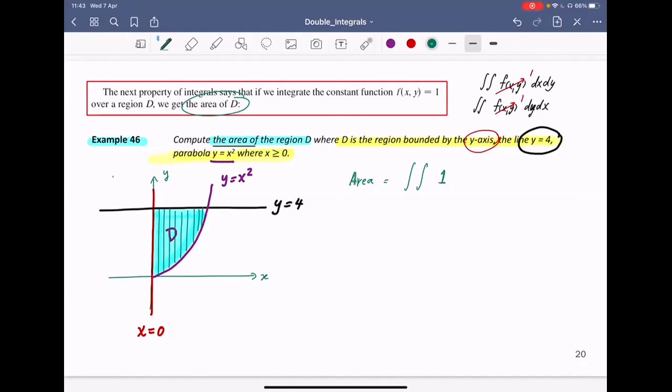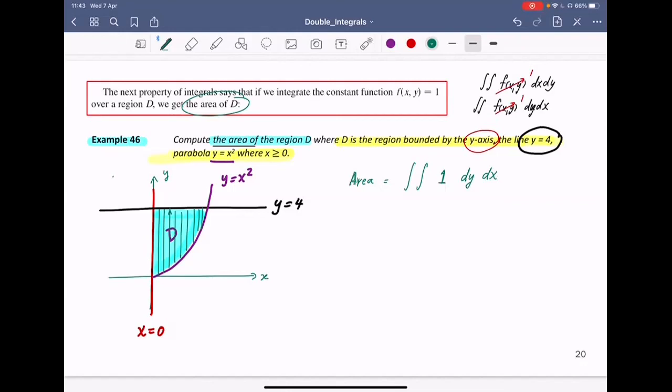It's easy enough both ways. So let's say I pick the vertical line, so what do I get? dy dx. Remember what I told you last time? If you choose to do the vertical line, you draw the line parallel to the y-axis, so you integrate dy first.